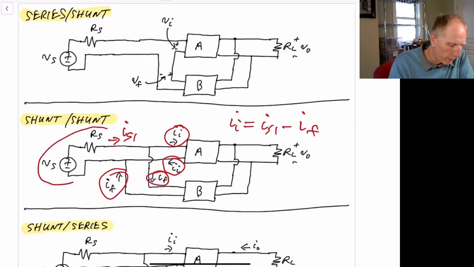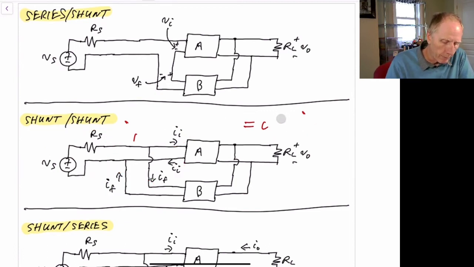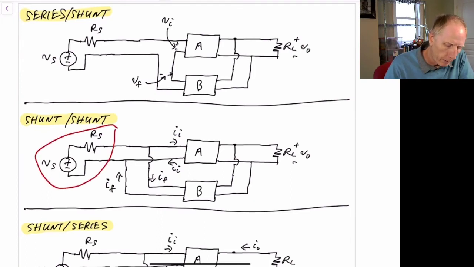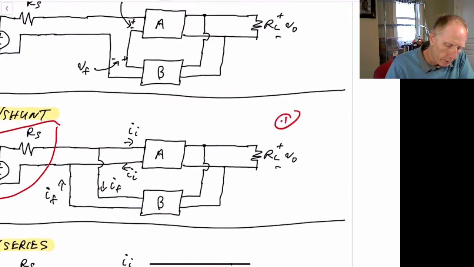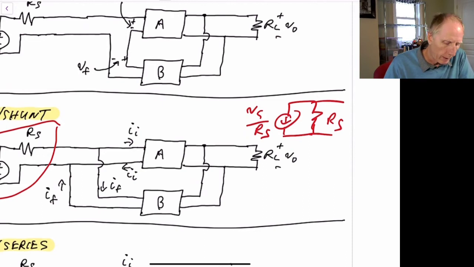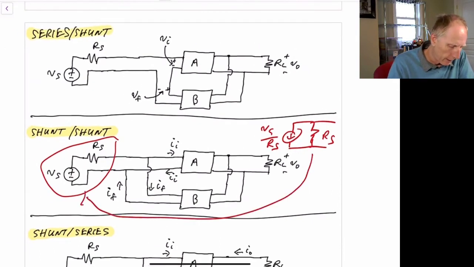Notice we can always do a current source equivalent for this voltage. So this is just a Thevenin. We're showing it as a Thevenin resistance or a voltage source equivalent. But you can always do a current source equivalence by just making it into a current source in parallel with the resistor. So we've always drawn it the same, but of course, you can draw this part over here as a current source in parallel with R sub S. And this would be V sub S over R sub S. And then this would be exactly the same as the voltage source equivalent.